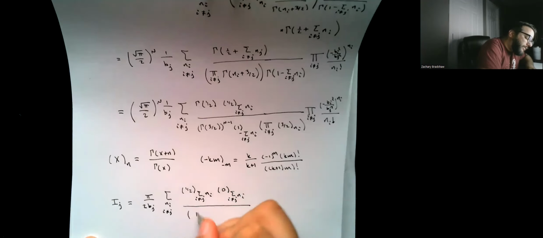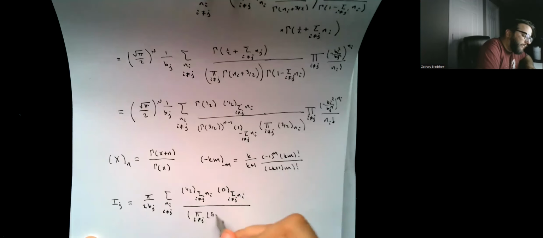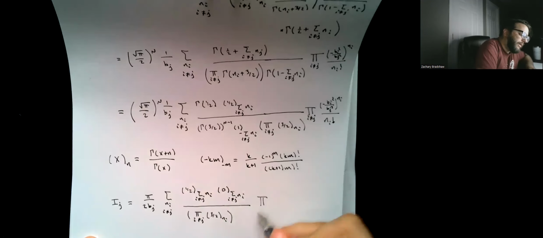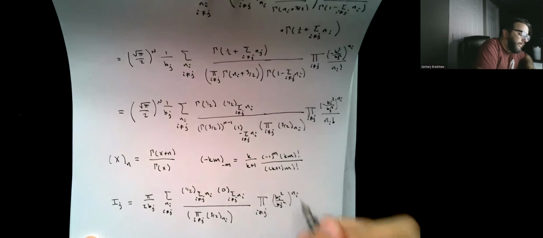And a product of 3/2 Pochhammers with subscript ni. And we still have this product on the end here of our bi squared over bj squared to the ni power over ni factorial.